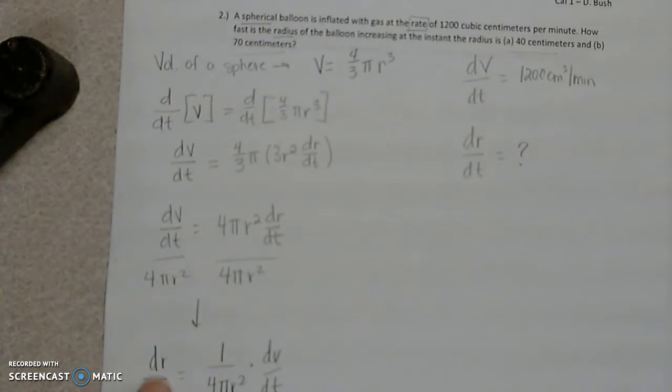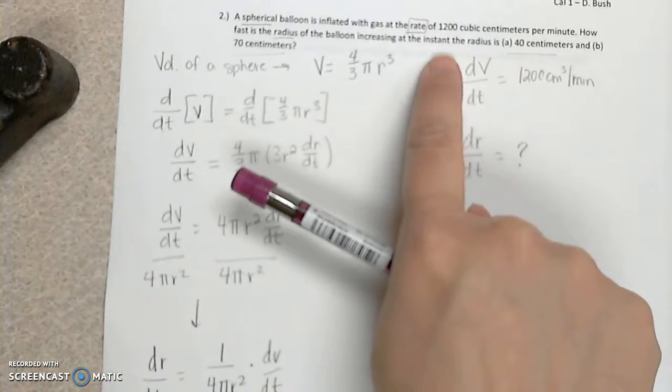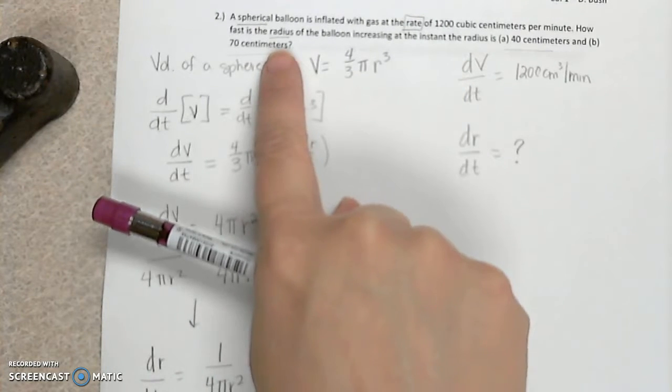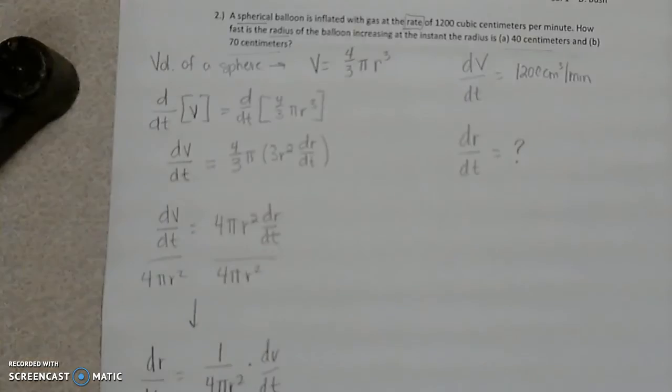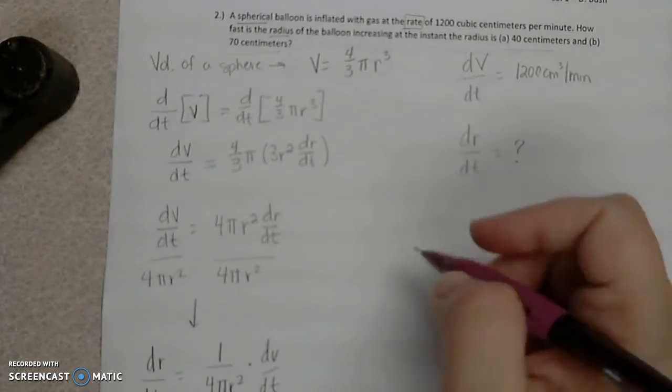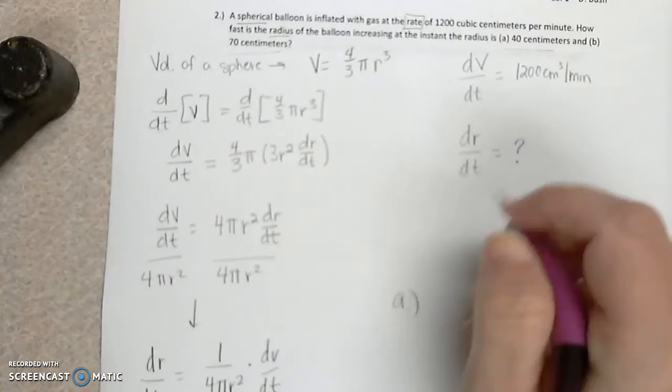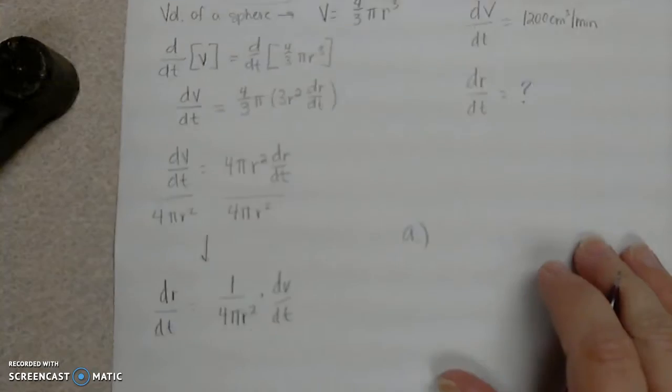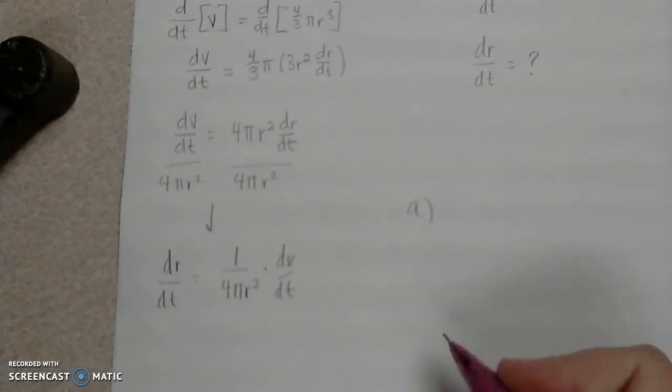I'm finding how the radius is changing with respect to time, which is what this is asking me to find: how fast is the radius of the balloon increasing at the instant the radius is. The first thing we want to try is 40 centimeters.